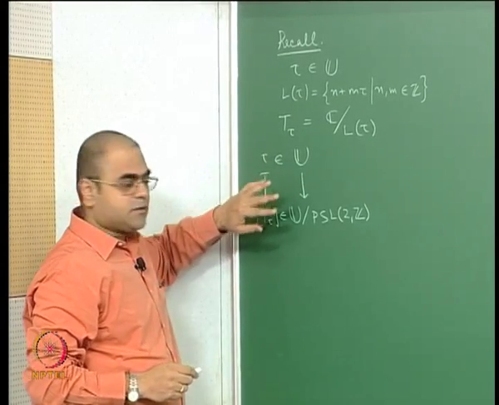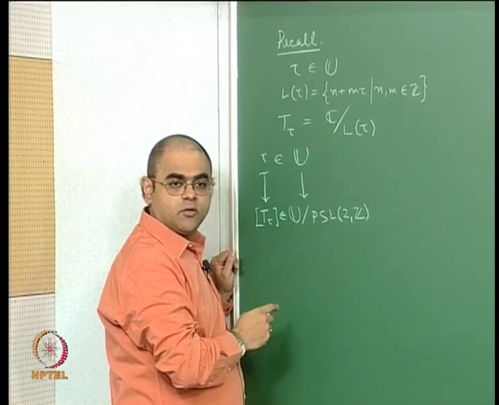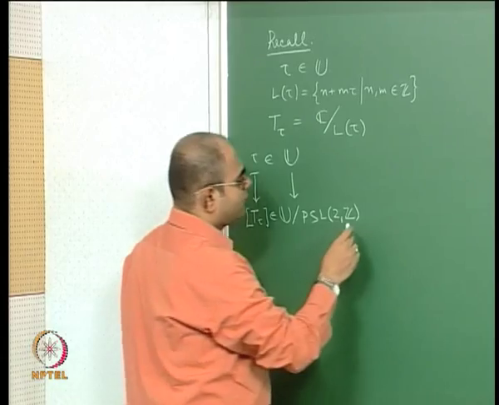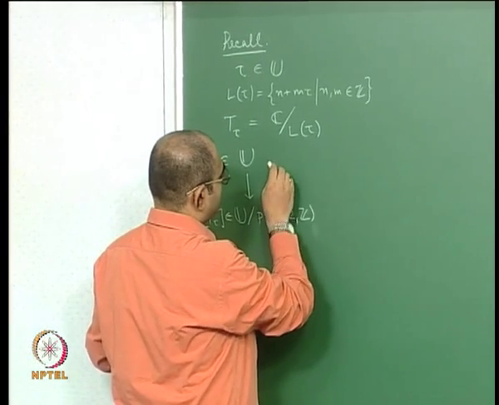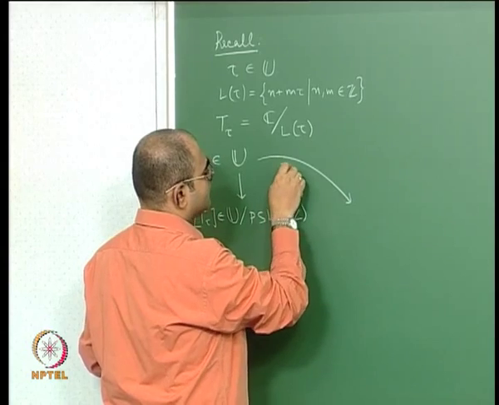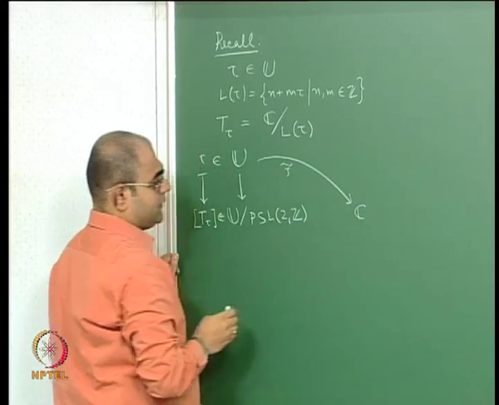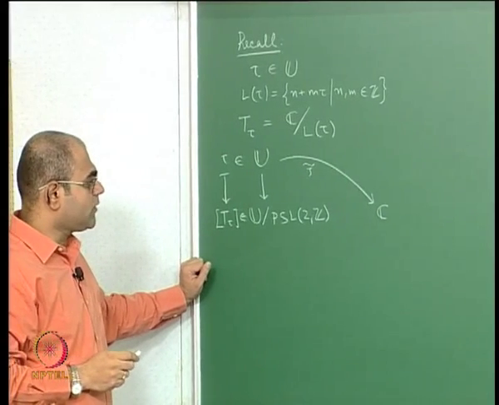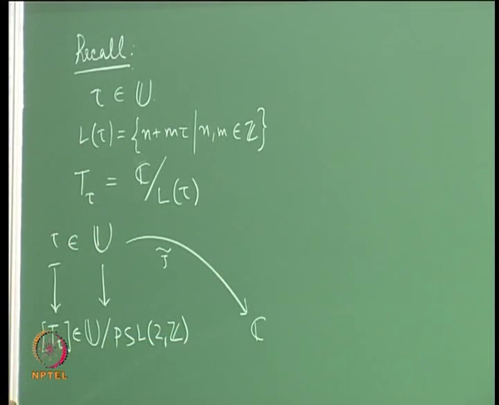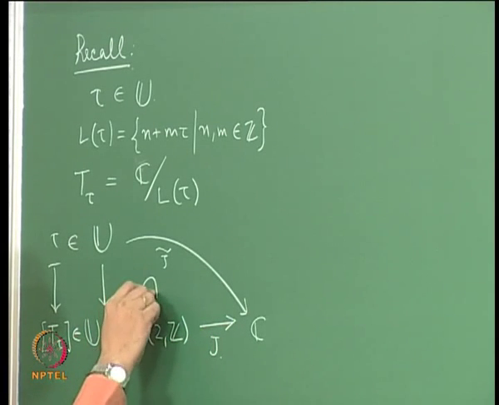and we were trying to show that U mod PSL2Z is biholomorphic to C. So what we did was we defined the holomorphic map j tilde, and we proved that j tilde goes down to a map J, that is, this diagram commutes.